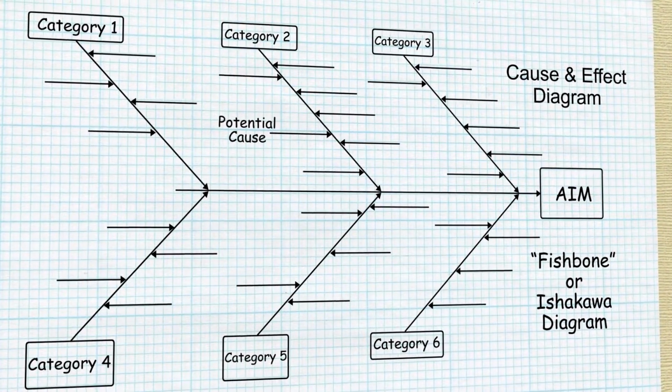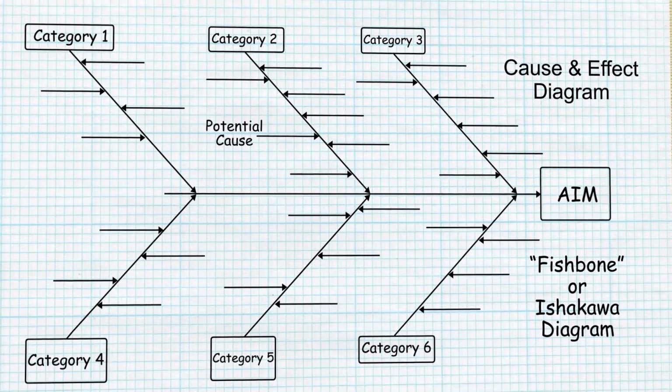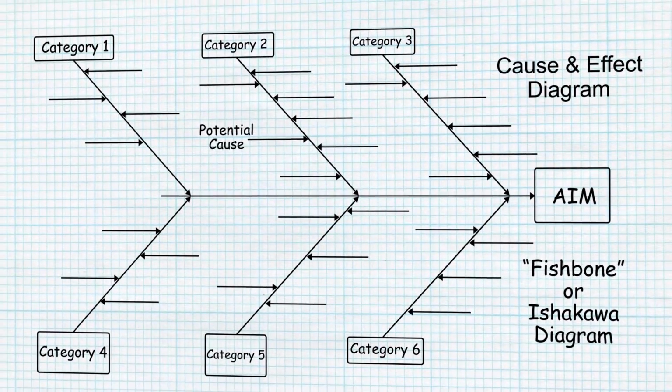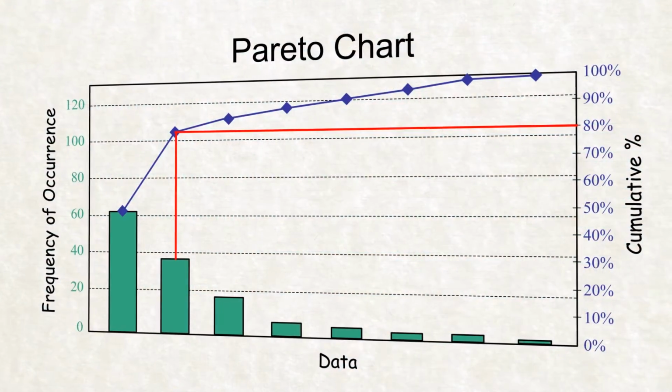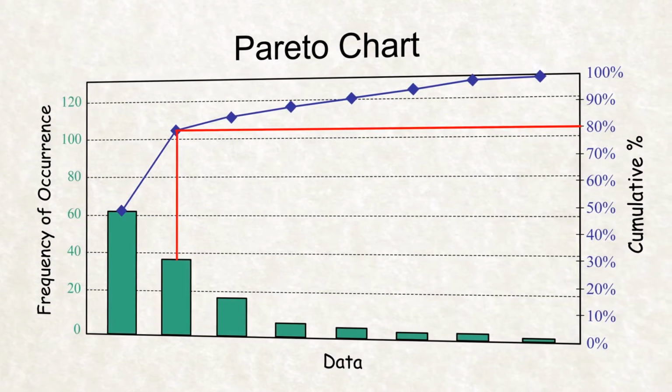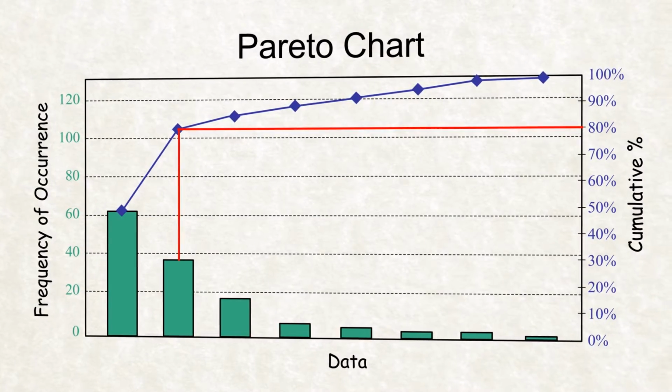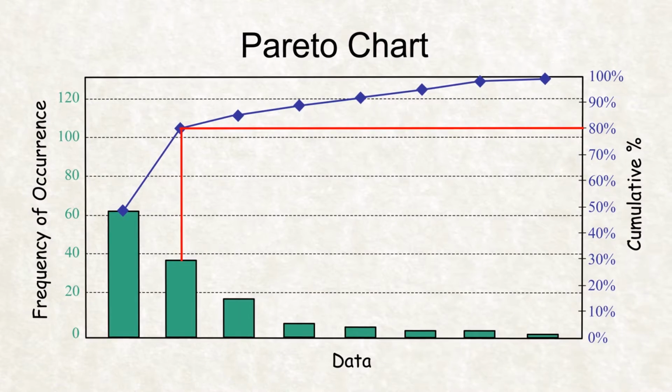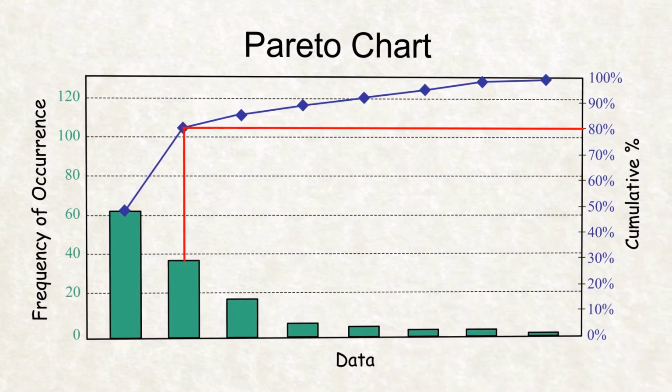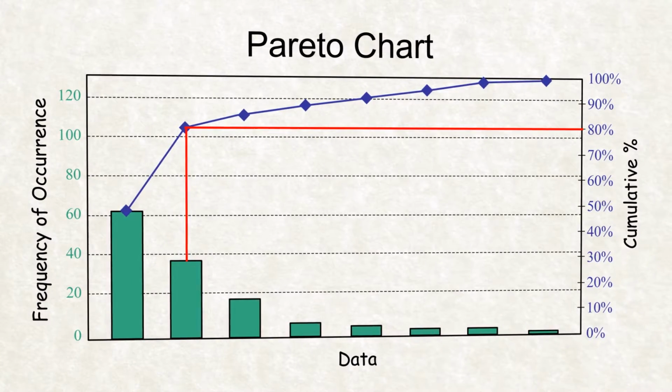In this module, we cover two new tools, cause and effect diagrams and Pareto charts. These tools use data to identify and prioritize problems and opportunities. They help people focus first on the things that matter most, where action can have the biggest impact. At the end of this module, we assign another exercise.